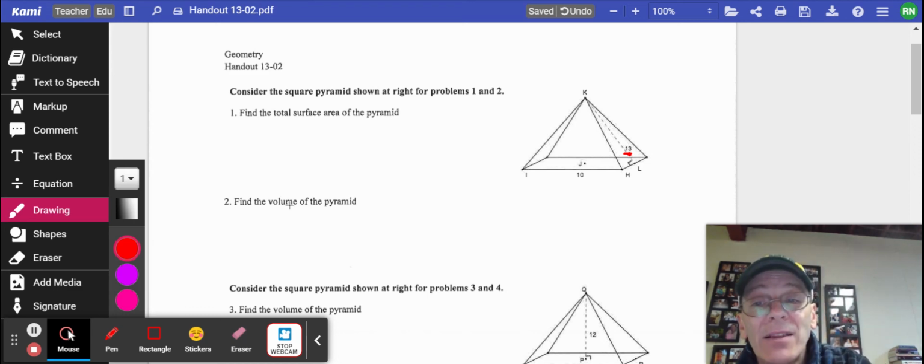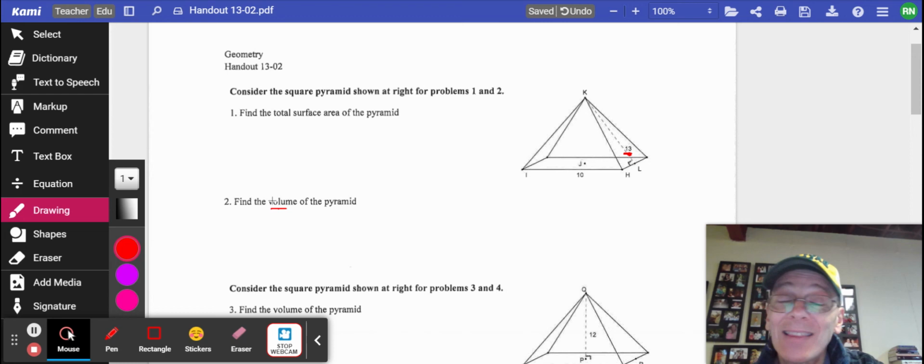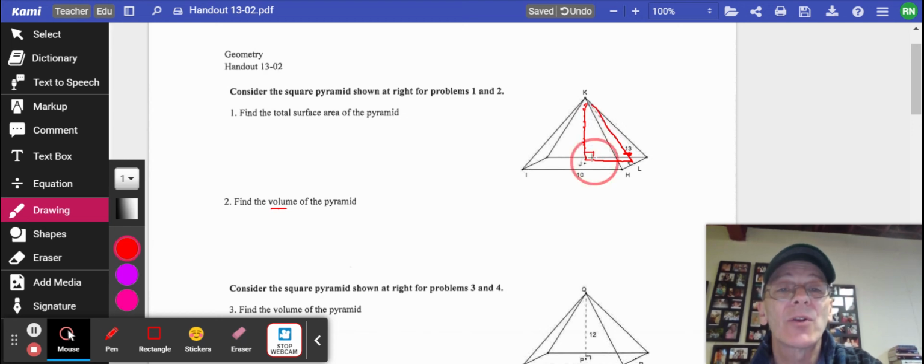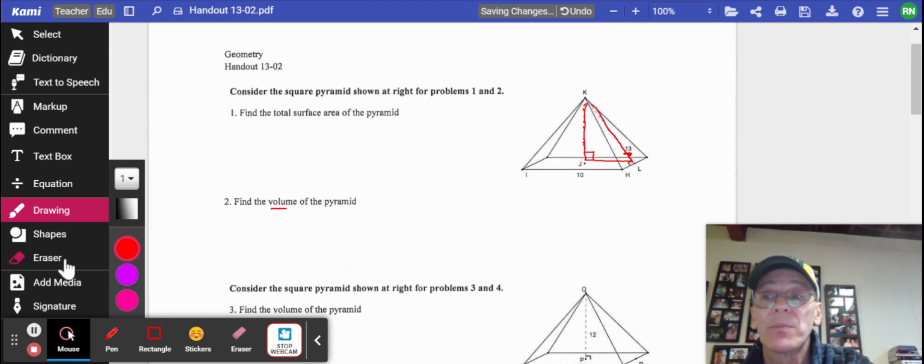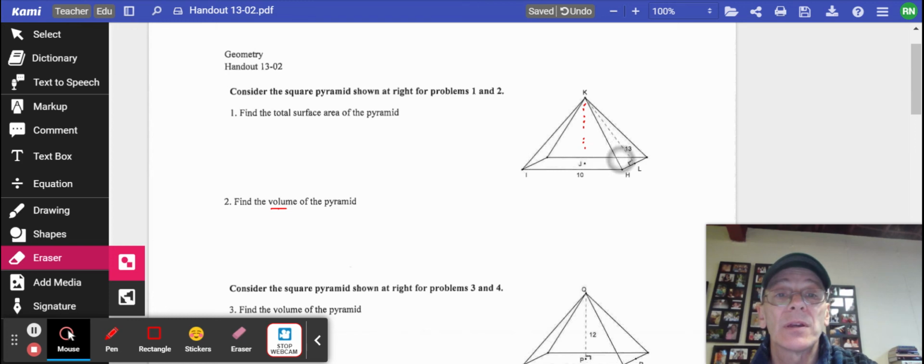But the height that you use for the volume is not that 13. You need this height, and you're going to have to find it to get the volume. And you're going to have to do just what I modeled for you in the notes. Connect that height to this lateral height in a right triangle and use the Pythagorean theorem to find it, okay?